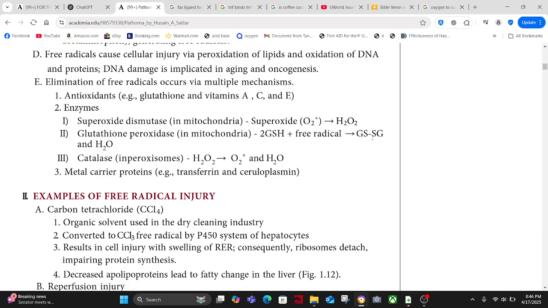This is reduced glutathione. The oxidized glutathione and water are not toxic to the body, and water and oxygen are not toxic to the body. So catalase is good for the body because it gets rid of hydrogen peroxide and makes water and oxygen. So this entire step was confusing.